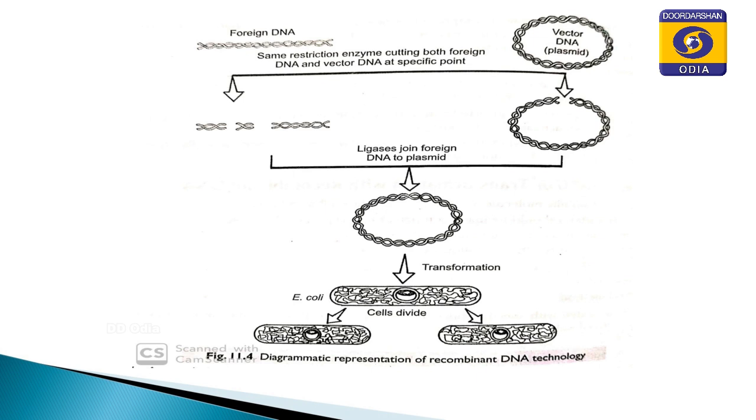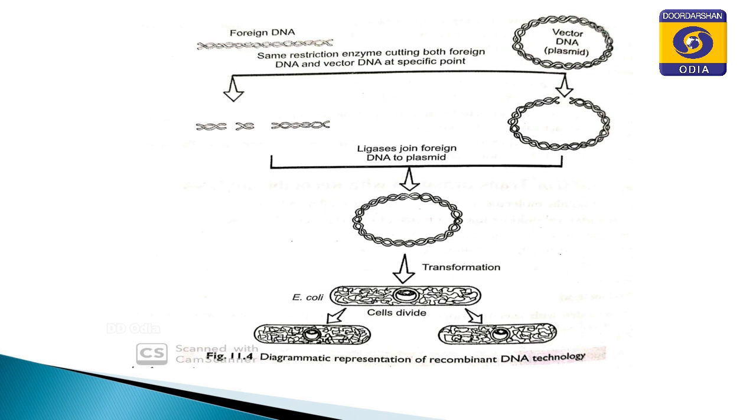Like suppose I say we shall digest it or incubate it with EcoRI, then we shall see it will be producing a nick after GAATTC is the restriction site, it will produce a nick after G on both the strands.